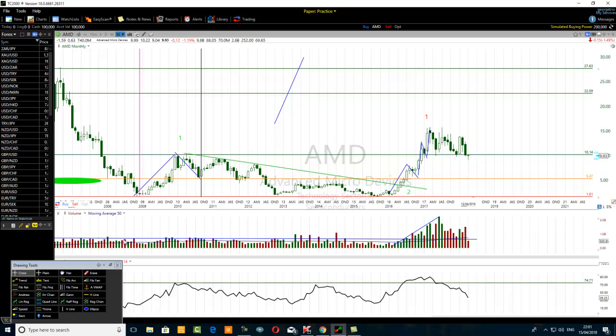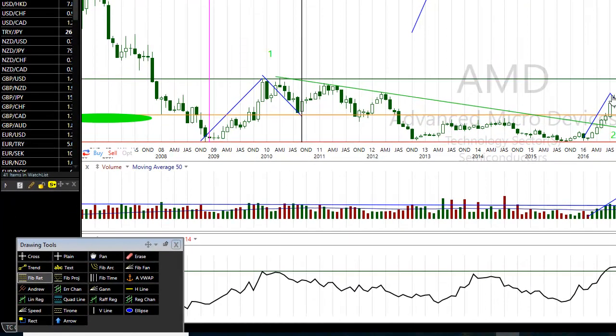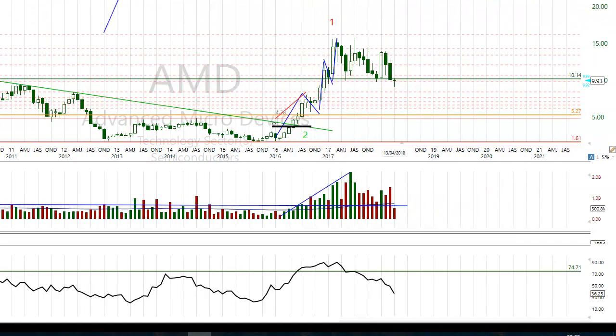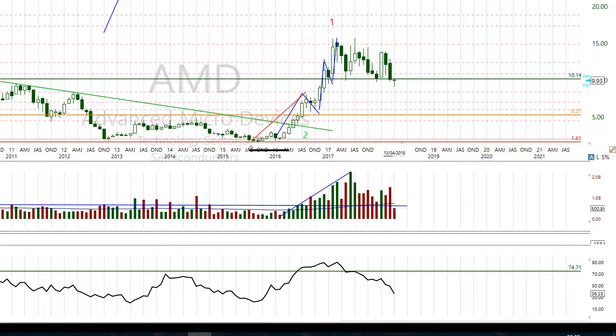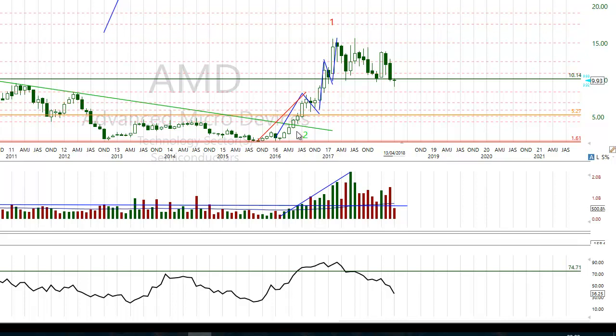You see that? So now we look at the third wave. You can see that the first wave is longer than the third wave. So we're going to use a Fibonacci extension applied to the first wave. This is the first manual wave of the first wave. We apply the Fibonacci extension to that. Try to use a very conservative measurement here.